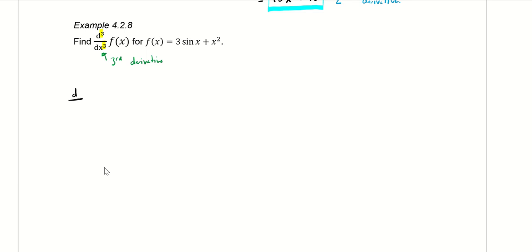So let's use our notation here. Let's find our first derivative. So this is the derivative with respect to x of 3 times the sine of x plus x squared.